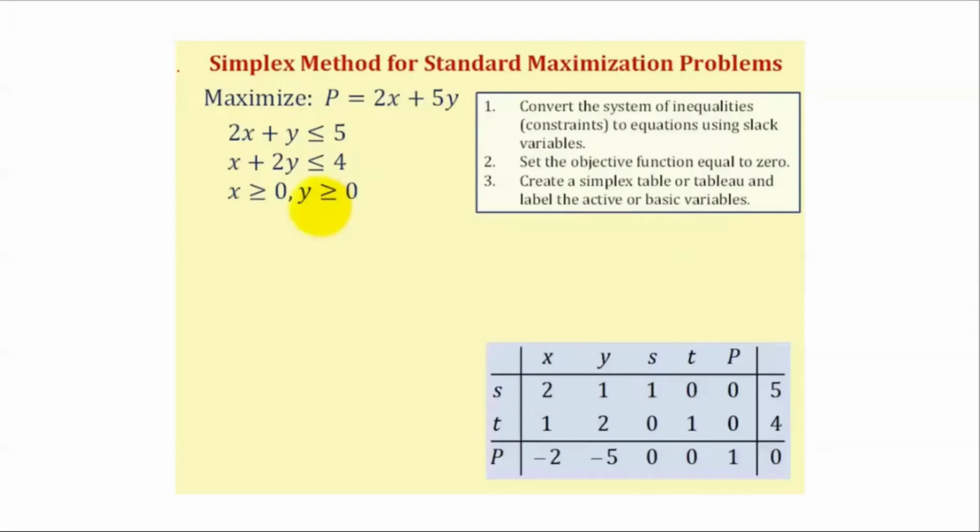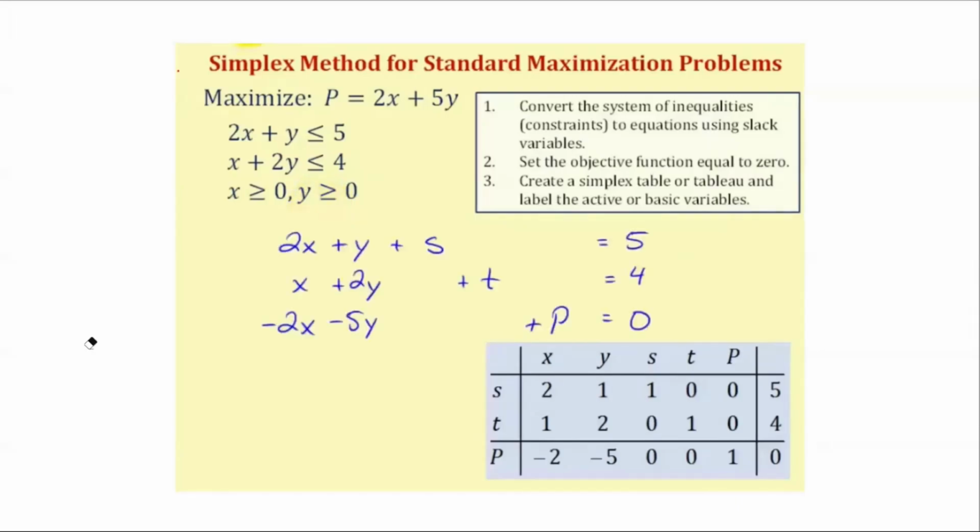So come here. Notice what I did. You got 2x plus y, and I add in something called a slack variable s. This is not 5, this is s. So 2x plus y plus s equal to 5.